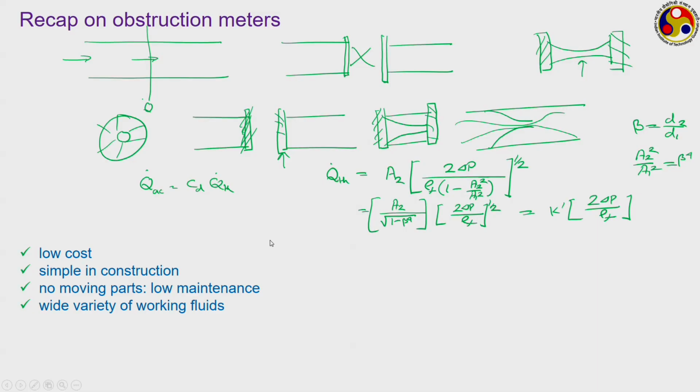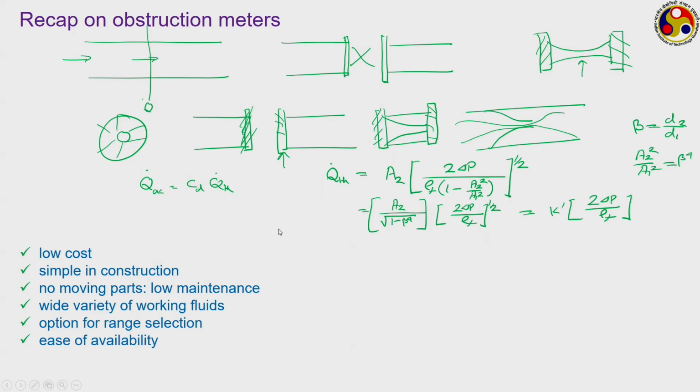They can be used with a wide variety of working fluids. Generally they are restricted to liquids, but in certain situations we can use them for gaseous flow measurement as well. There is an option for selecting the range by varying the corresponding coefficients, by varying the area ratios, that is this beta. We can apply them for different ranges of flow rate or mass flow rate or velocities.